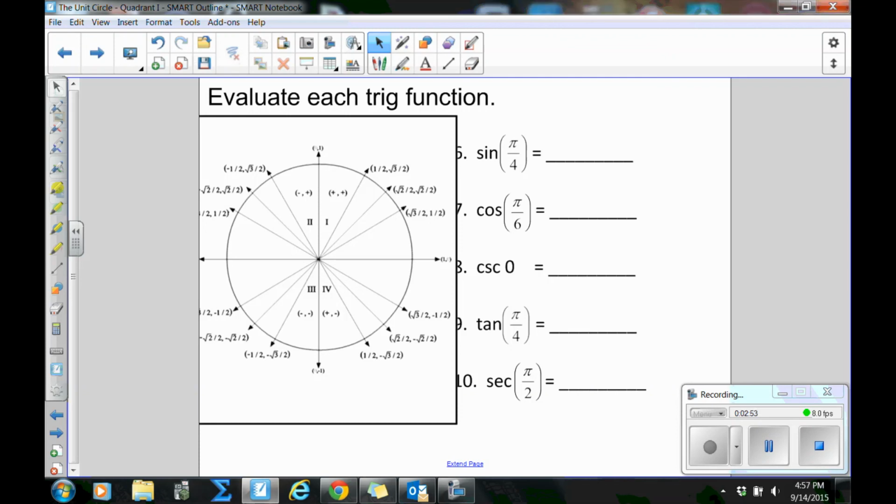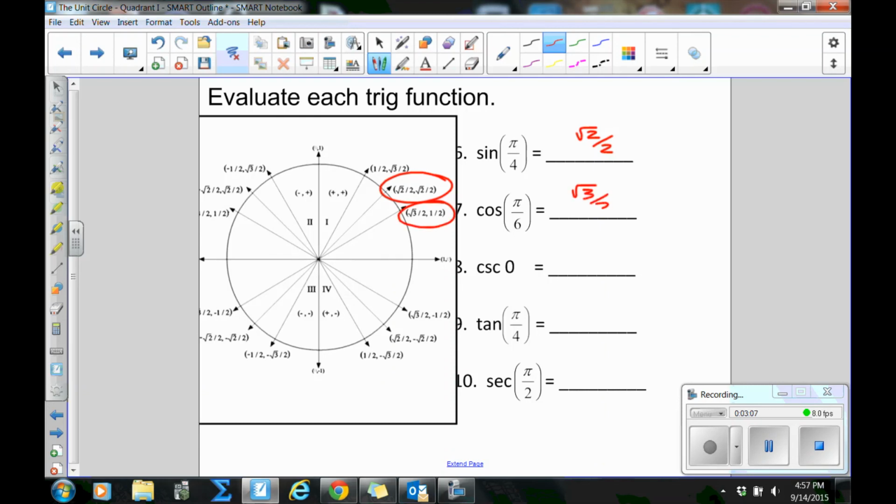Sine of pi over 4. Root 2 over 2. Cosine of pi over 6. Root 3 over 2. Cosecant of 0 is the reciprocal of sine, and the reciprocal of 0 is undefined.